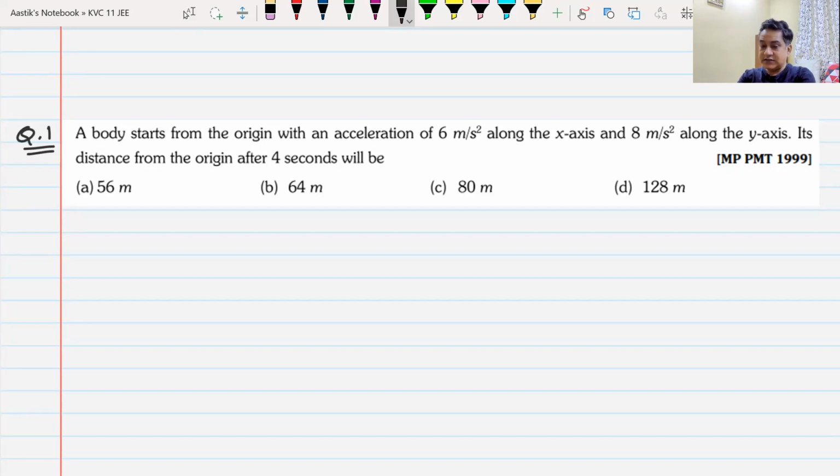How will you find out the distance from the origin after 4 seconds? If you understand what we have done just now, you should be able to do this. I'll give you 2 minutes to do this.